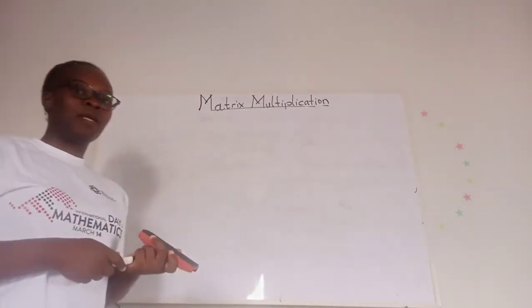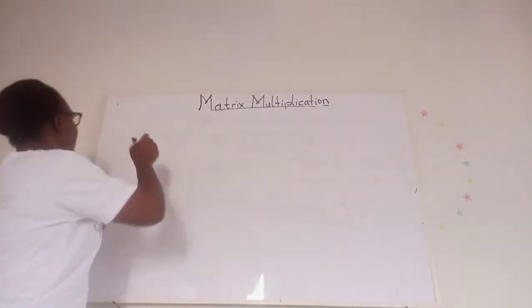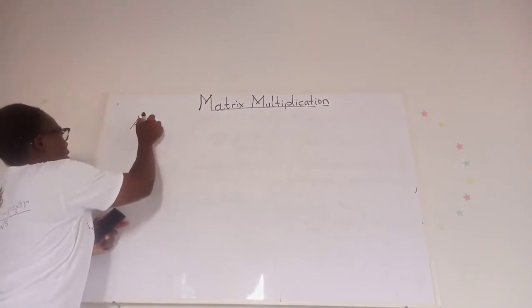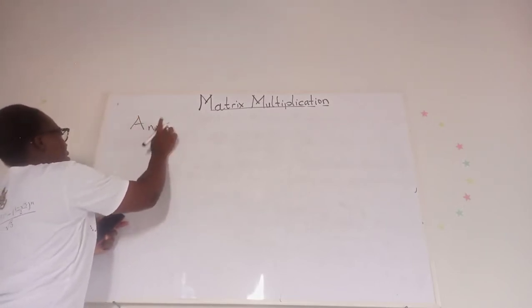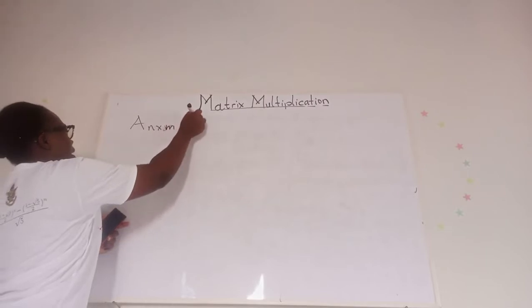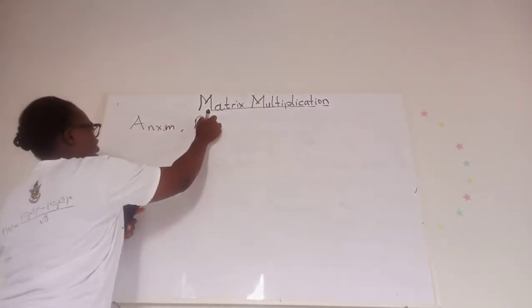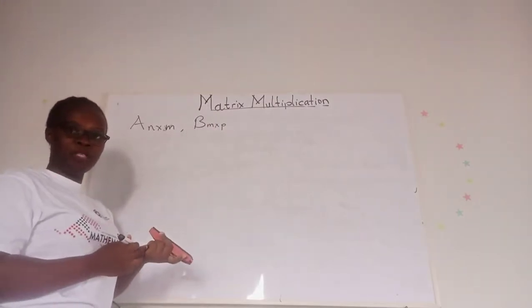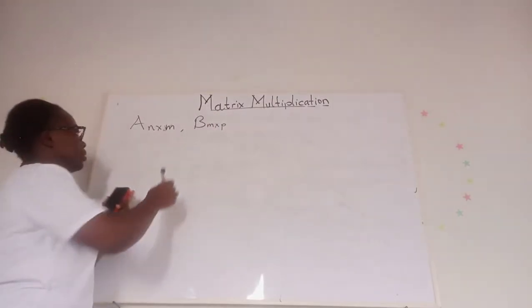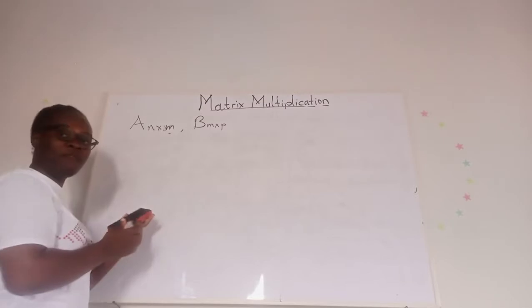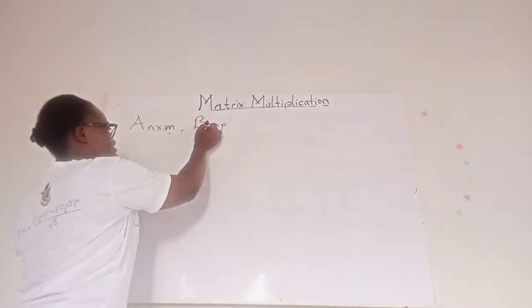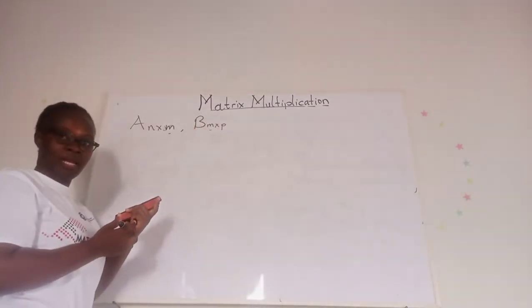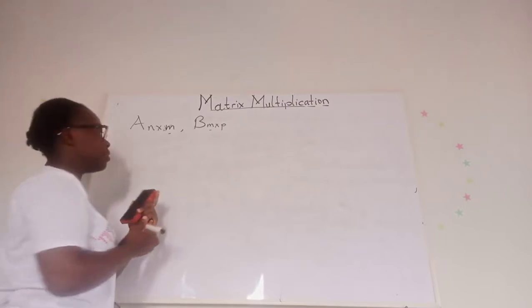So we are saying two matrices, a matrix A of order n times m, and a matrix B of order m times p, can be multiplied if the number of columns in the first matrix is equal to the number of rows in the second matrix.